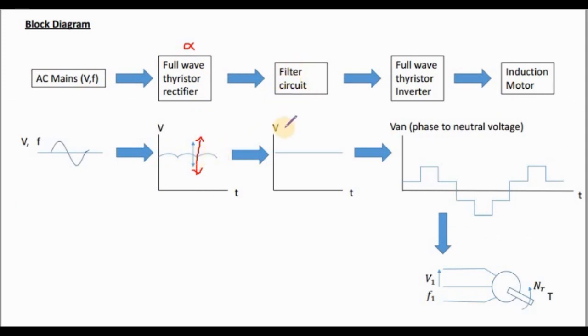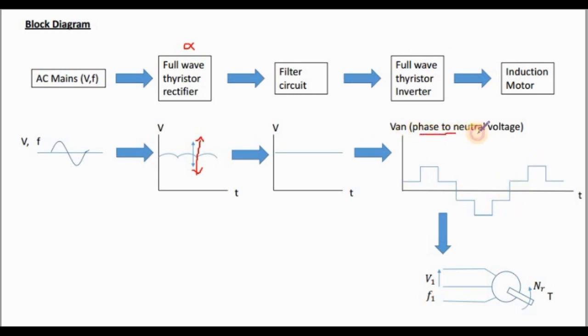Using the filter circuit, you can get smooth voltage, then you apply that voltage waveform to the full wave thyristor inverter or an IGBT inverter. Using that, you can get this kind of square wave signal.